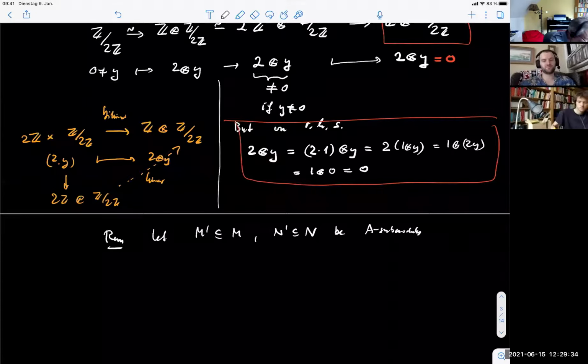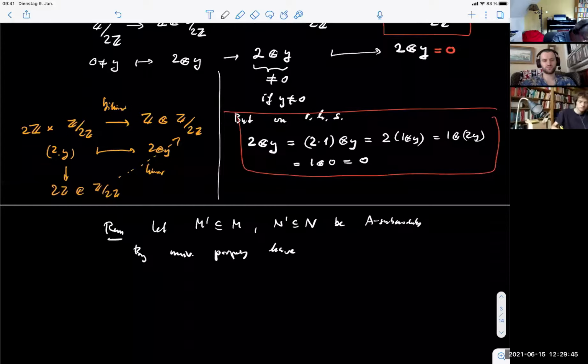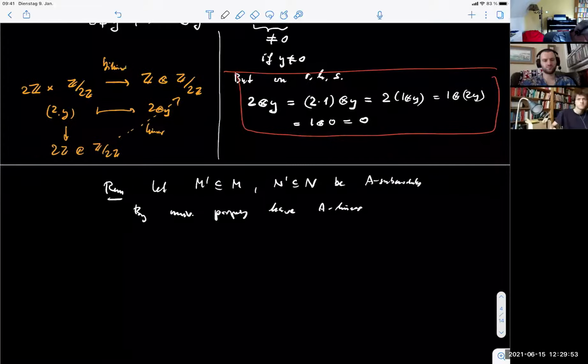So by the universal property, I have an A-linear map such that, okay, what do we do? It's the usual, right? Maybe we go slowly.